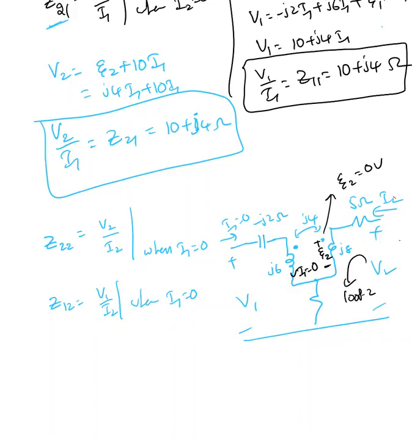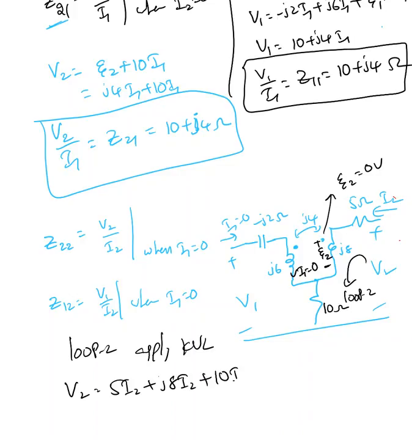So now loop 2, apply KVL. V2 equals 5 I2 plus J8 I2 plus this is 10 ohm, 10 I2, plus E2, but we already know E2 equals 0, because E2 is nothing but J4 times I1 equals 0, so this value is 0 volt.